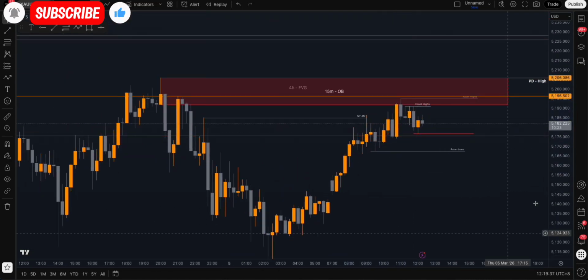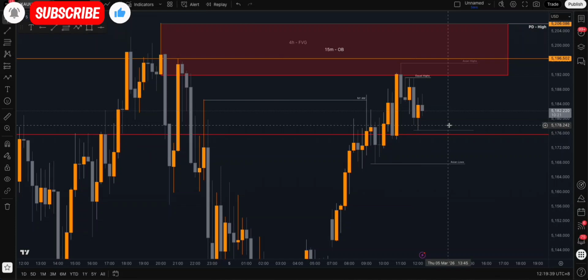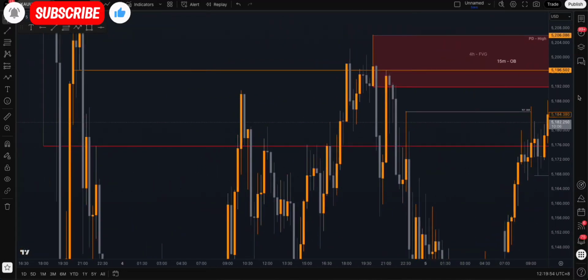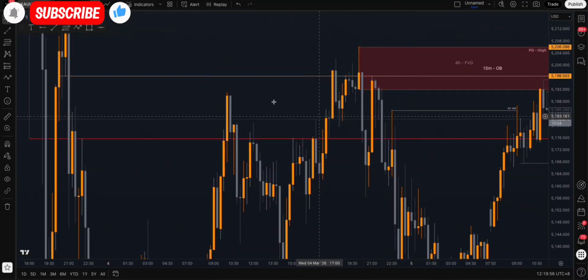Let's move this so it's not too messy. A manipulation displacement setup is usually used at reversal days or sideways resistance levels. If we're trading off resistance, let's do a quick lesson right here.